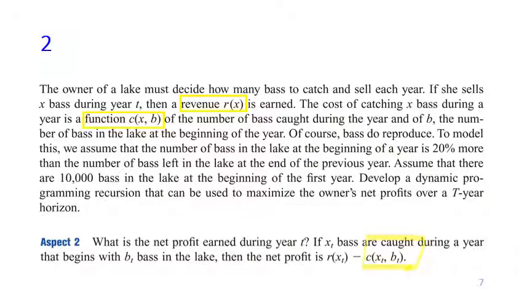We just say that the cost of catching XT fish is C(XT, BT). Same thing for the revenue. We don't really care how much we get from selling XT fish, maybe 100 times XT or 150 times XT, whatever, but we just write down the function as R(XT).